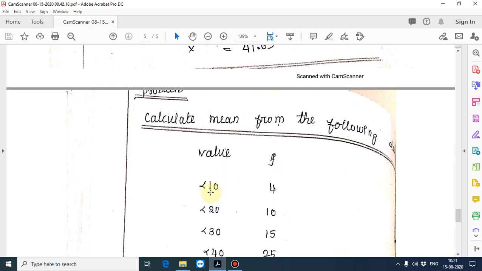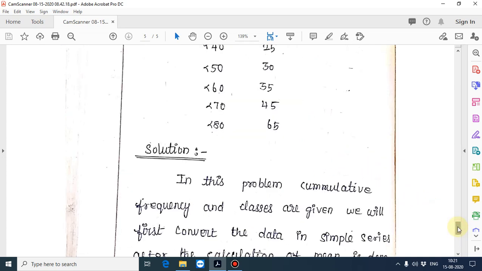This is not a less than series; they have just entered 10, 20, 30, 40, 50, 60, 70, 80. Actually they have given the cumulative frequency values. Then the frequency values are given. In this problem, cumulative frequency and classes are given. We will first convert the data into a simple series, after which the calculation of the mean is done.